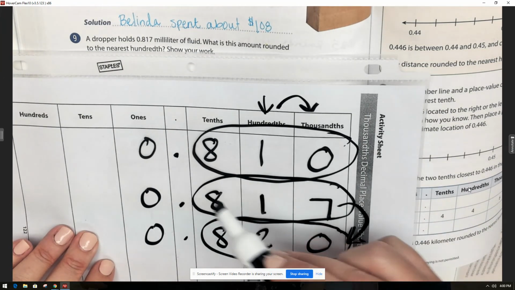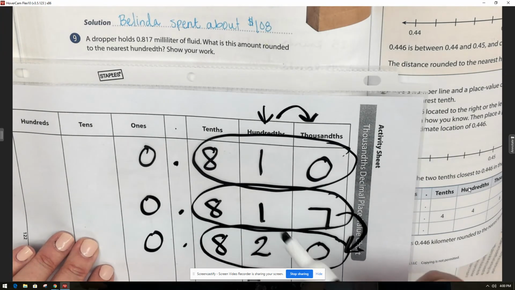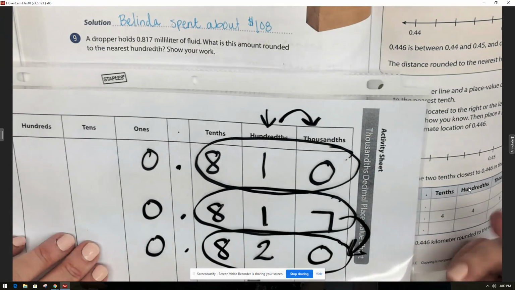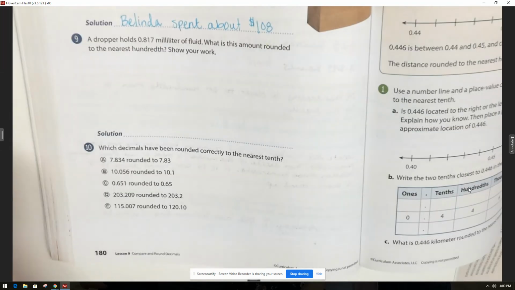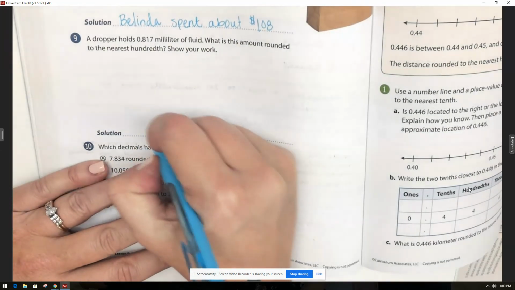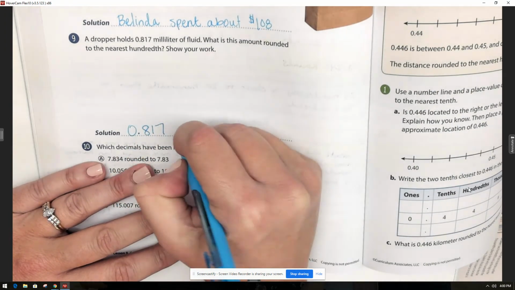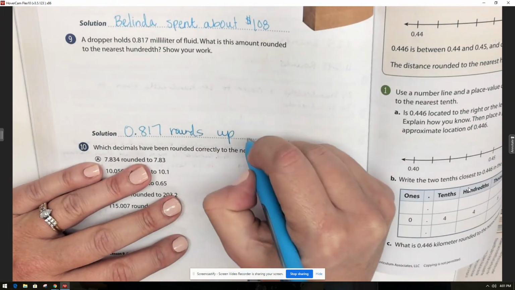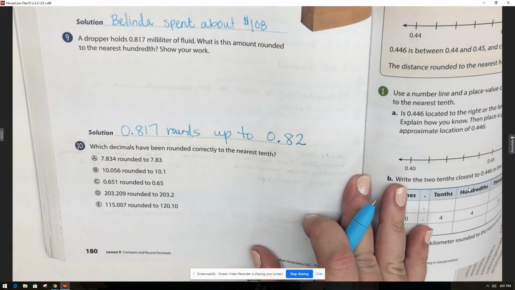So 817 is closer to 820. Therefore, 817 thousandths rounded to the nearest hundredth is 82 hundredths. This one's a little tricky, but I think that you guys are going to get it. So we know that 817 thousandths rounds up to 82 hundredths.